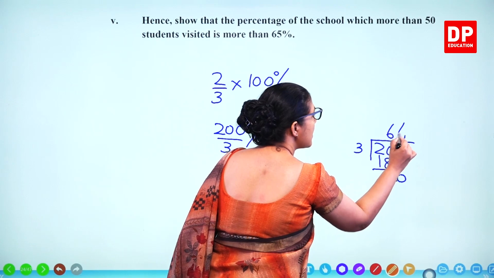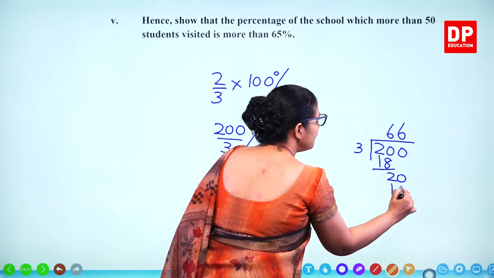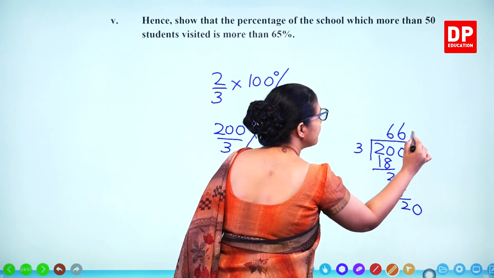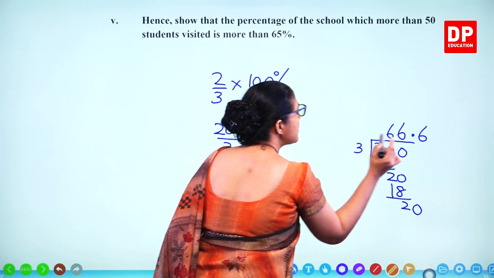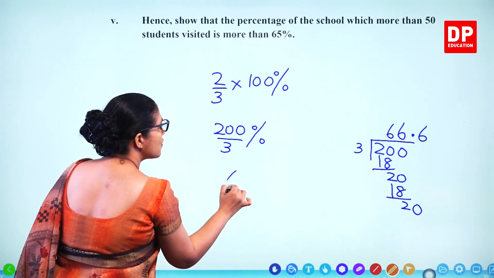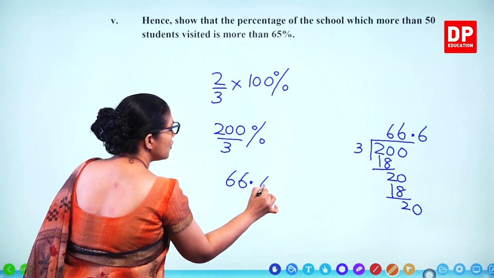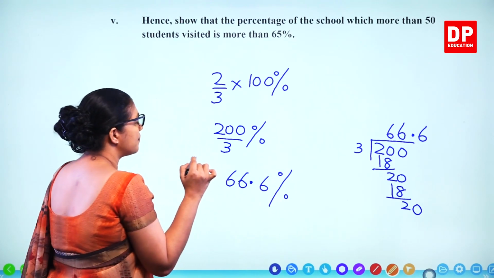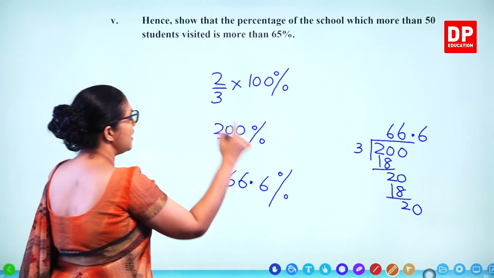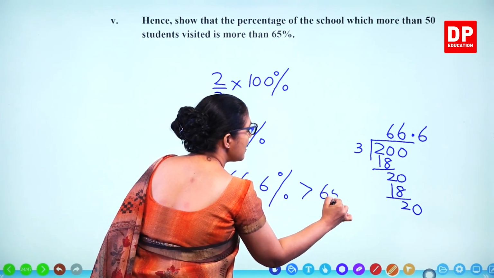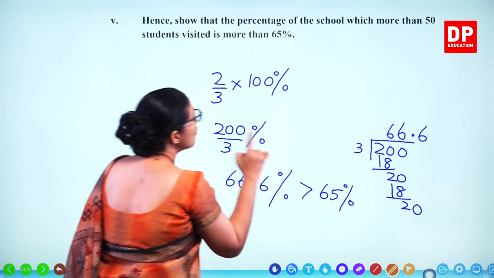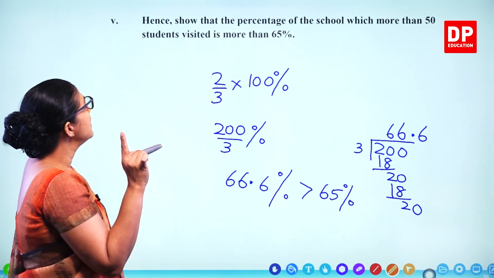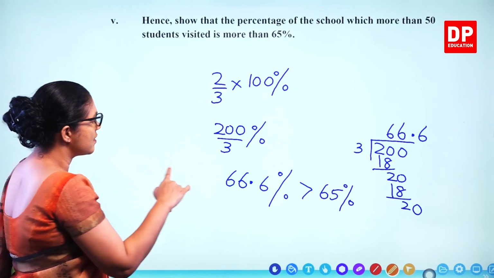For 20, again 6. So this is repeating. 66.666, so recurring. So you can write up to this point, 1 decimal place. So that's definitely greater than 65%. So we need to show that's more than 65. So that's true.